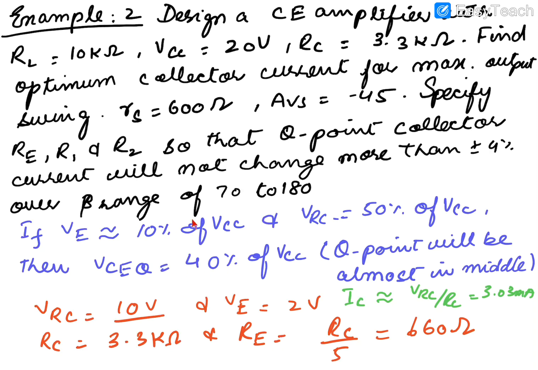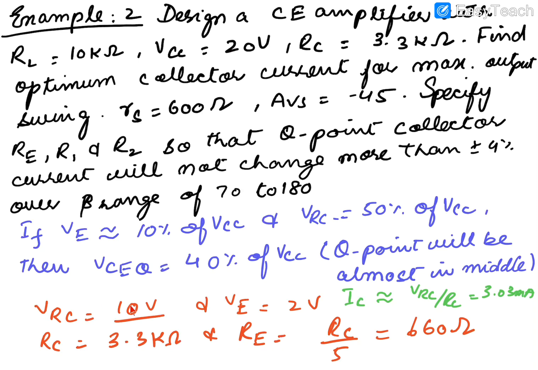This approximation is almost accurate, as the Q point will be located in the middle of the active region, as required. In this case, if we have assumed the value of VRC to be 50% of VCC, then 50% of VCC will be equal to 10 volt.